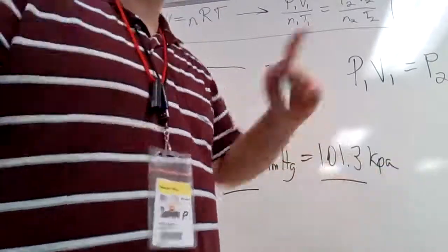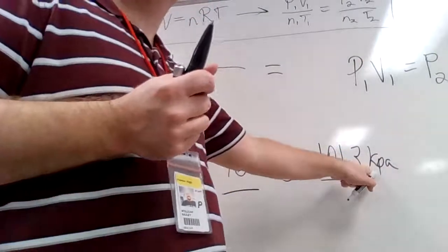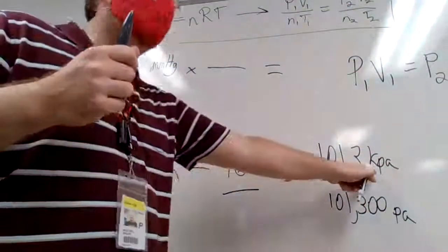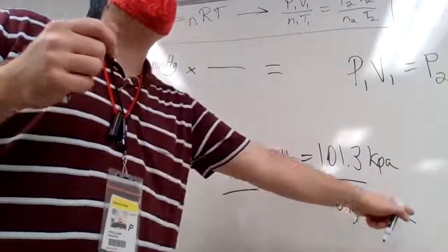So if they were regular pascals, what does kilo stand for? 1,000. So regular pascals would be 101,300 pascals. Does that make sense? Because kilo stands for 1,000. So that's the number we're going to use.